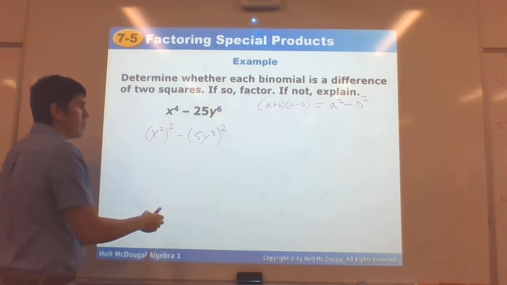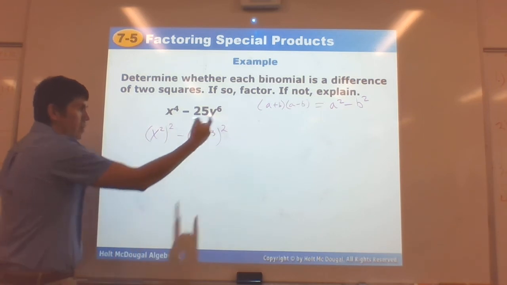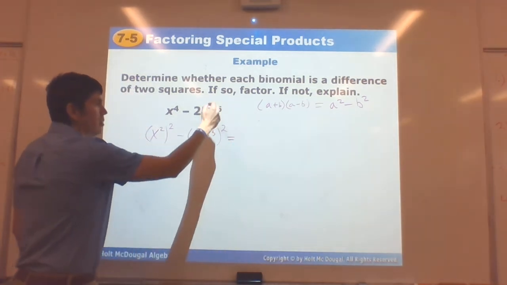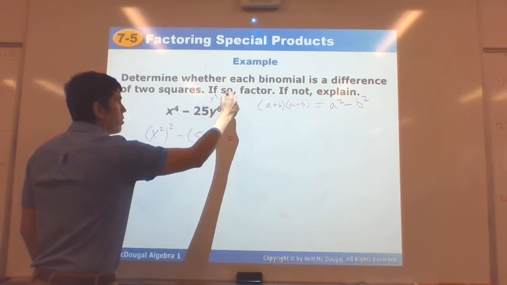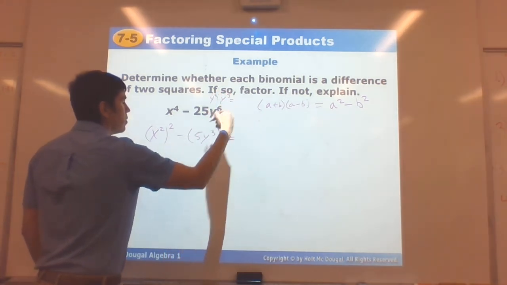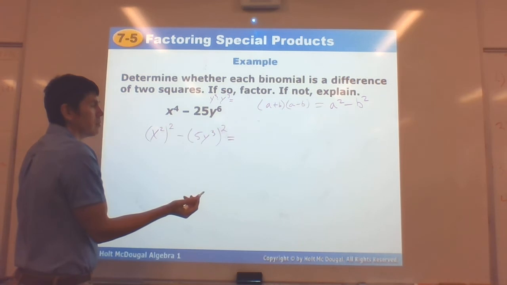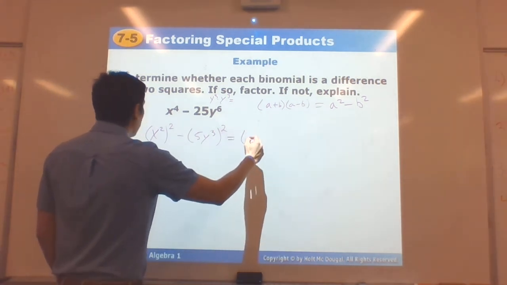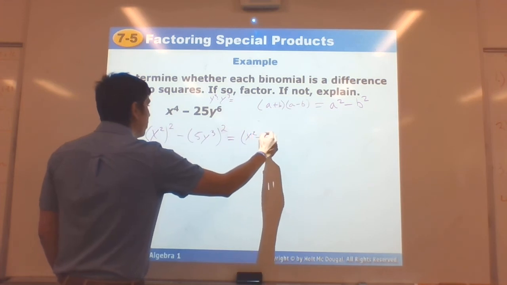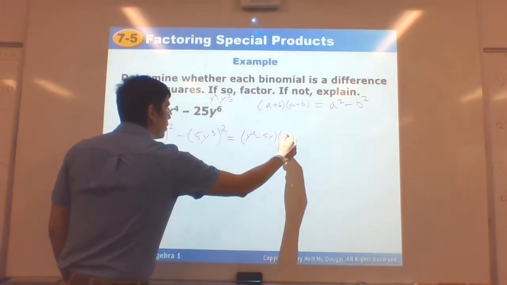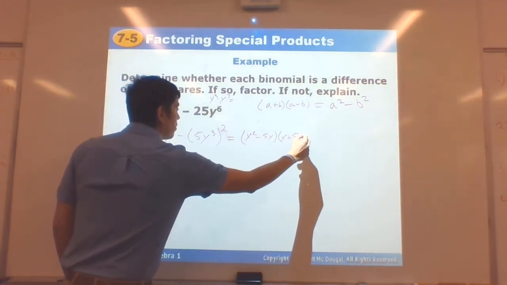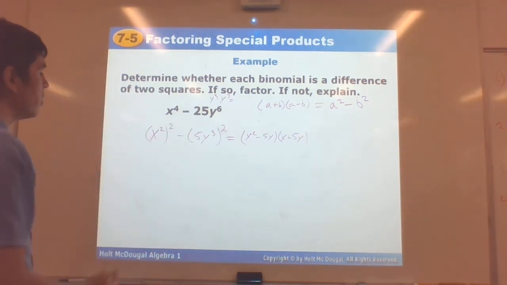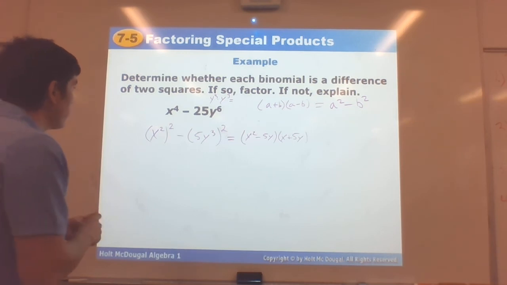Then we can rewrite it over here. And again, I put y to the 3rd because y to the 3rd times y to the 3rd equals y to the 6th. So then I'm going to write it this way: (x squared minus 5y)(x squared plus 5y). And those are my factors. That's my answer, following the difference of squares rule.